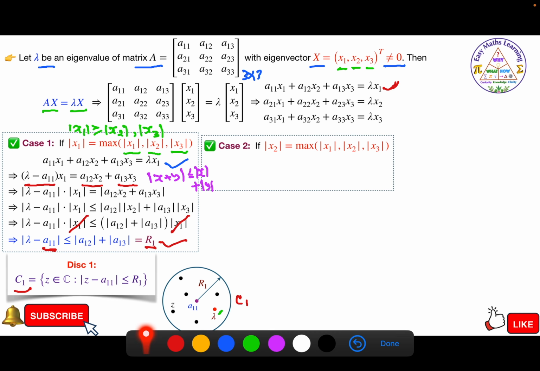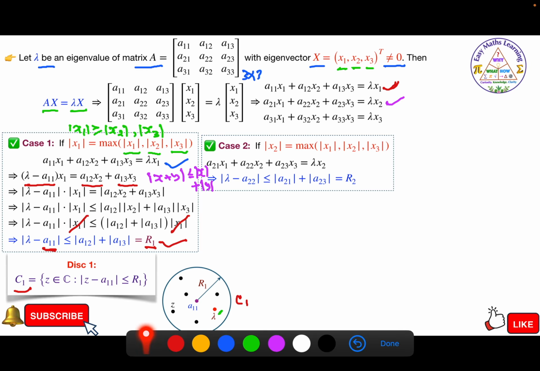So now we consider the second case. The second case is when modulus of x2 is maximum. Now x2 appears in the second equation, so we start with the second equation. Again we rearrange the terms, take absolute values on both sides, and using the maximum property, we get this inequality.